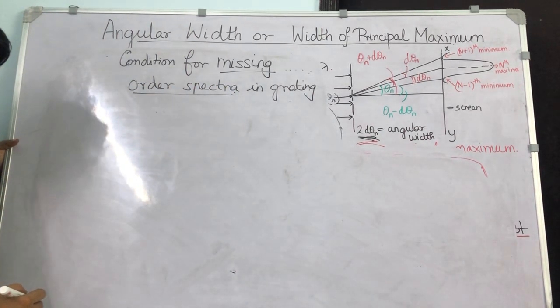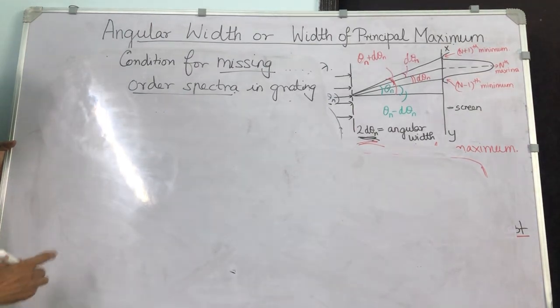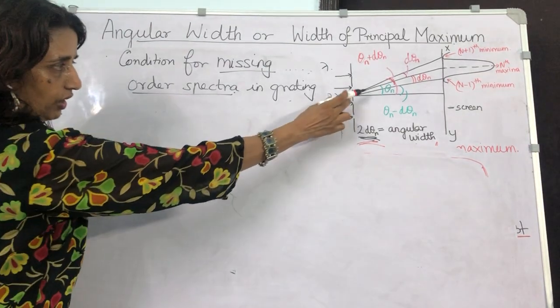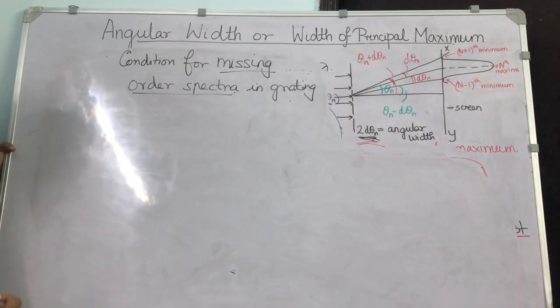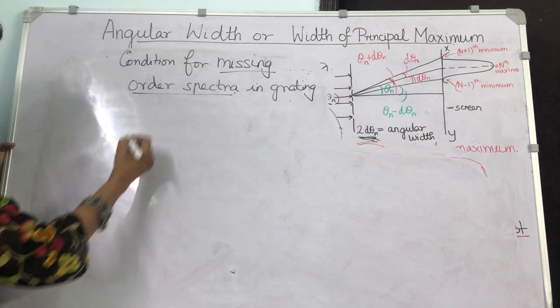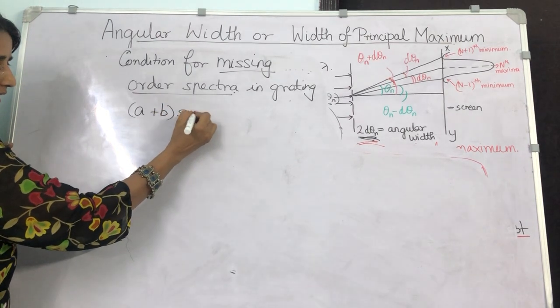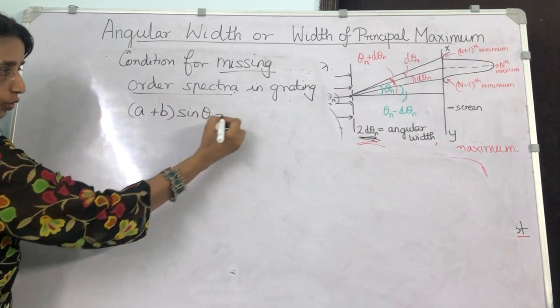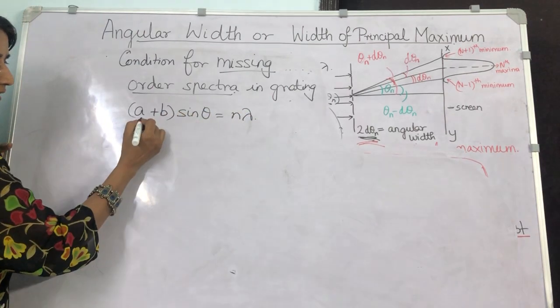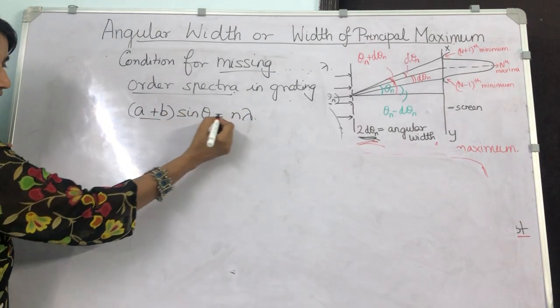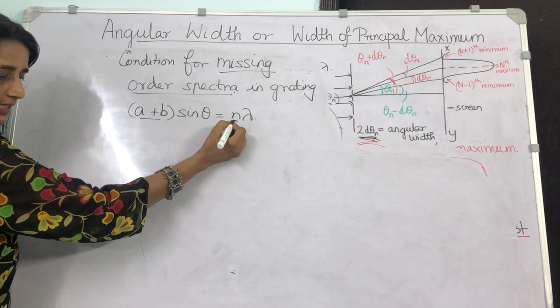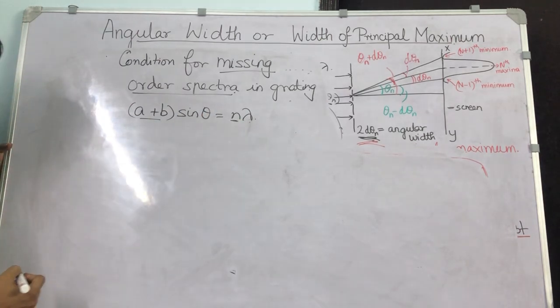At times it happens that for certain values of angle of diffraction, there is no spectra or certain orders are absent. The formula is (a plus b) sine theta equals n lambda. Here (a plus b) is the grating element, n is the order of the principal maxima, and lambda is the wavelength.